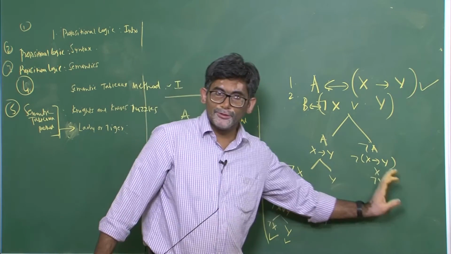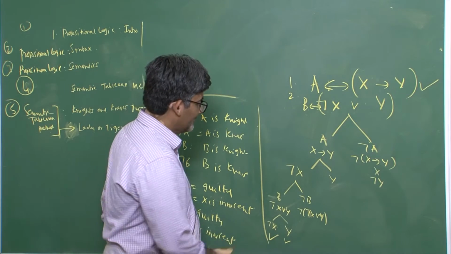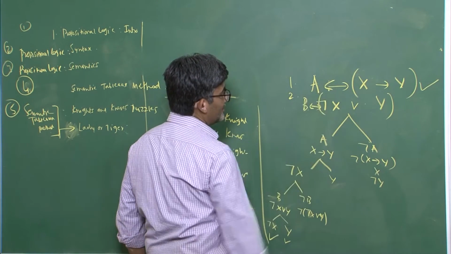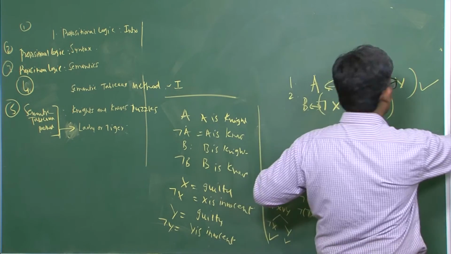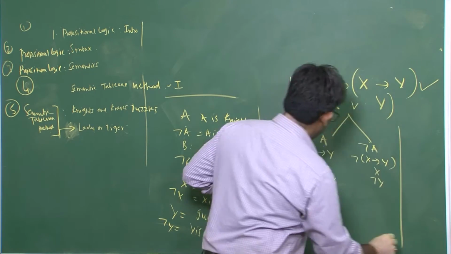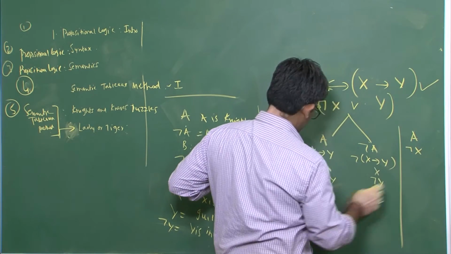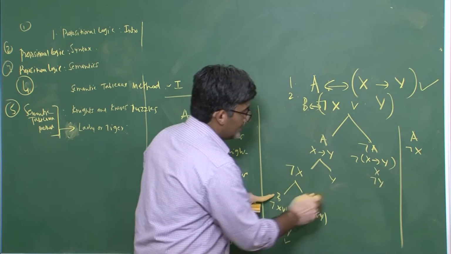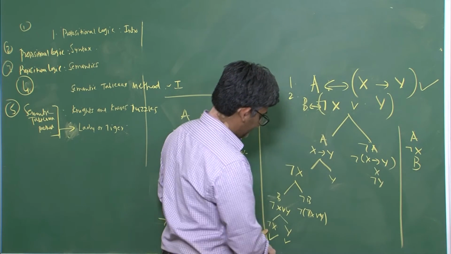We can construct the whole tree to find other solutions as well, but one open branch will tell us when this is going to be true. Now from the open branch you construct the answers like this. The situation here is: A, not X, B, not X.